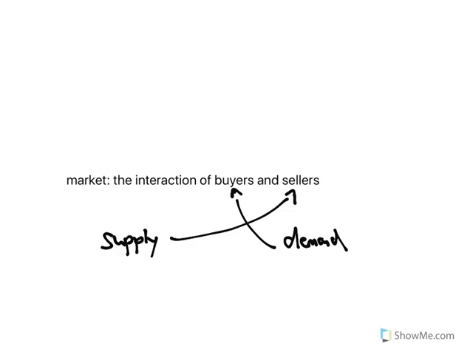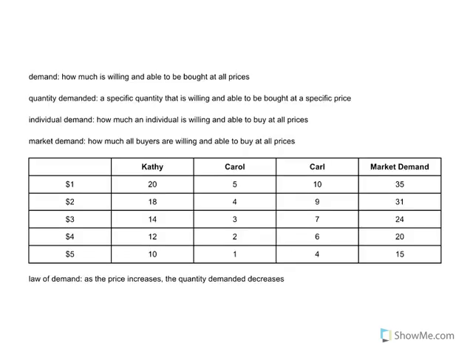Before we do that, I want to go over several definitions. There's a lot of information on this page, so feel free to pause the video, jot everything down, draw the chart, and then play the video again, and you can hear me talk about this stuff.